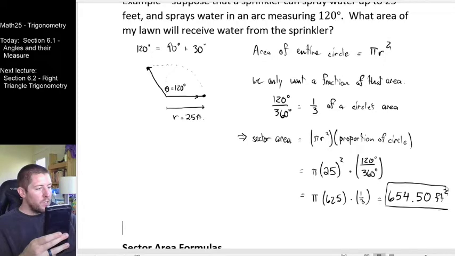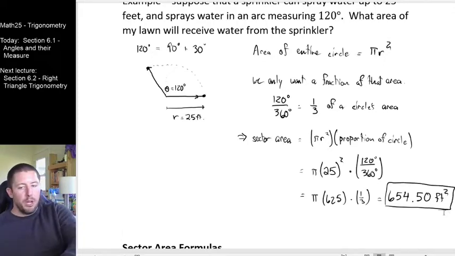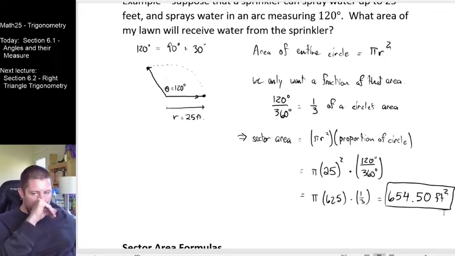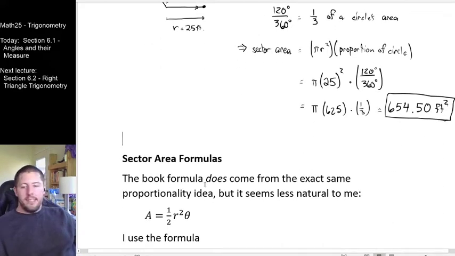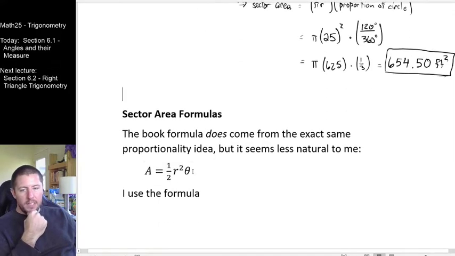So let me show you what the book shows you for your formula and why I just don't do that. Where the book's formula comes from is exactly this concept that I'm doing right here. I just feel like this is a slightly unnatural thing to remember. 1/2 r squared theta. It feels weird because there's no pi in there, except pi is encompassed by the angle that's in there.